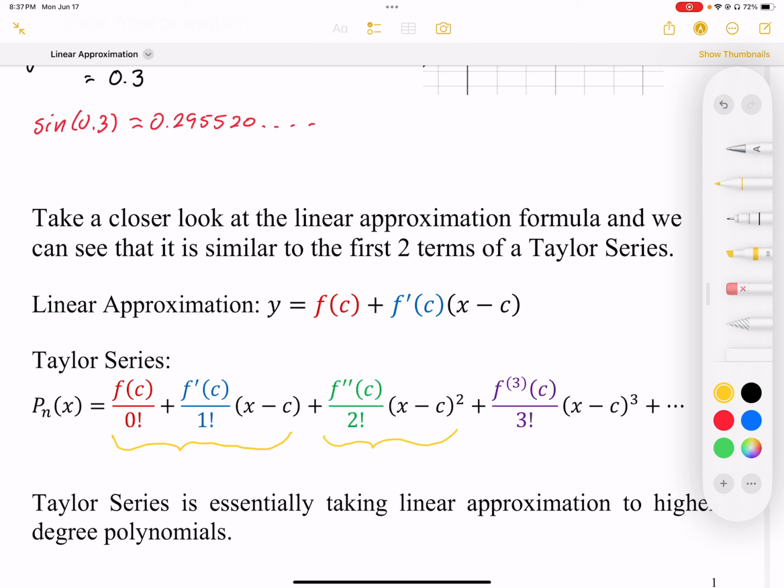So instead of a straight line approximation, we're going to have a best tangent quadratic that approximates a point of that curve. And then we can just continue doing that. We can take a cubic, a fourth degree, etc., and go to as many degrees as we want. It's kind of hard to imagine, but it's really just linear approximation using better and better curves to approximate the function.